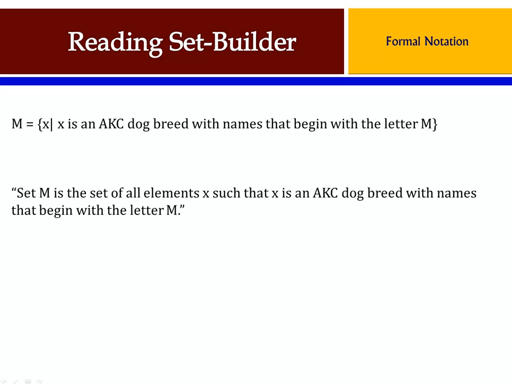So when we're reading this formal notation of set builder, set M is the set of all elements X such that X is an AKC dog breed with names that begin with the letter M. So this first part tells you the name of the set, set M. Is the set of all elements X. So X is the variable here that's used to define the elements of the set.